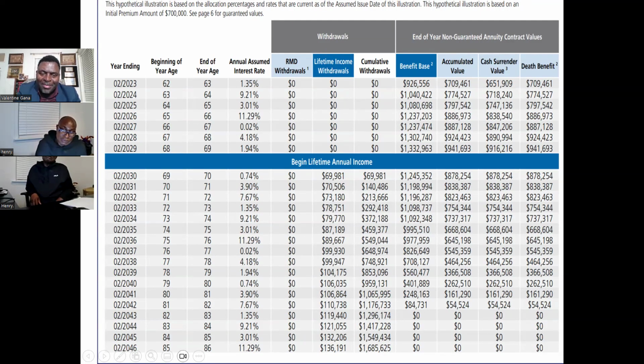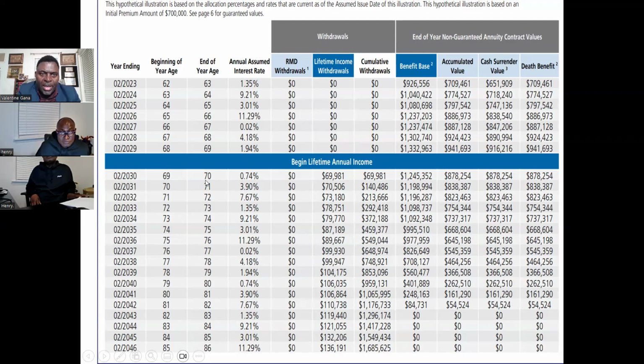Correct. So if I have to sell this policy, the advantage is the benefit base every year. The benefit base is increasing, and this benefit base will lead to lifetime income withdrawals.